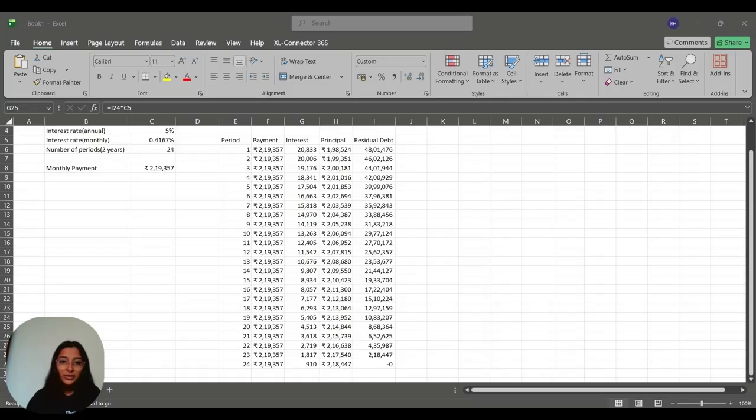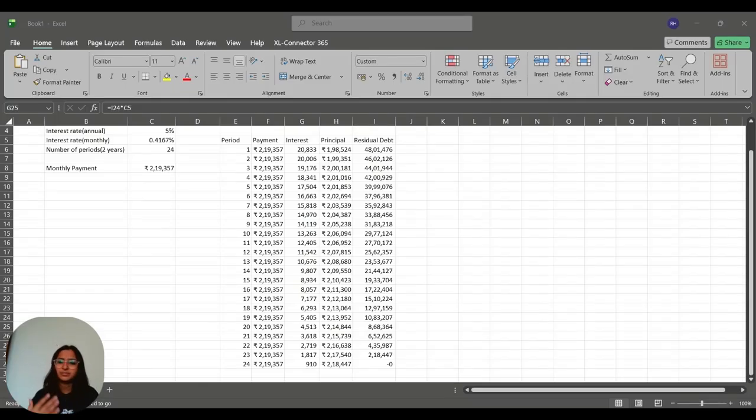And one more thing you can notice here: let's make it half and half. For 12 months and 12 months. So for the 12th period, which is the 12th month, the residual debt which you have to pay is almost half of the loan which you have taken, which is 25 lakhs, and for the other 12 months, 25 lakhs remains.